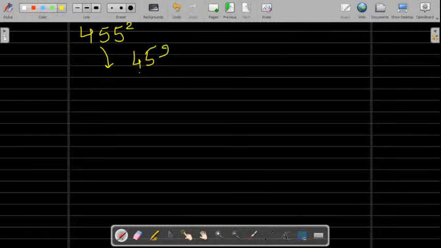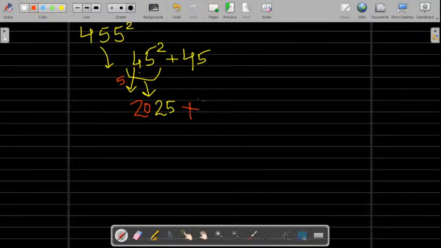So 45 square plus 45. Now we know how to calculate for this particular number. Here the last two digits are 25, and 4 5s are 20. You have to take the next number for this. 4, next number is 5. So here you will get 2025.